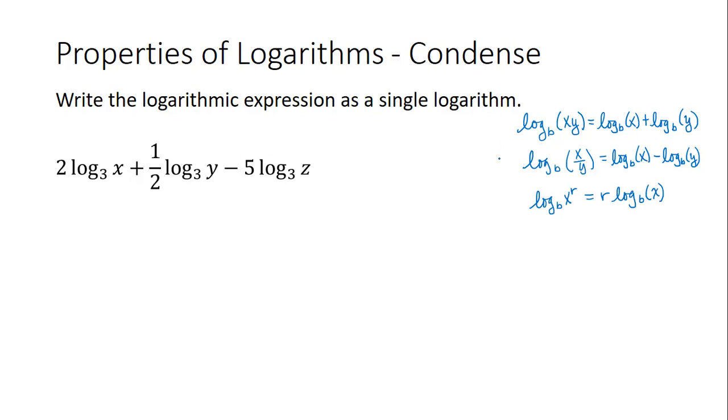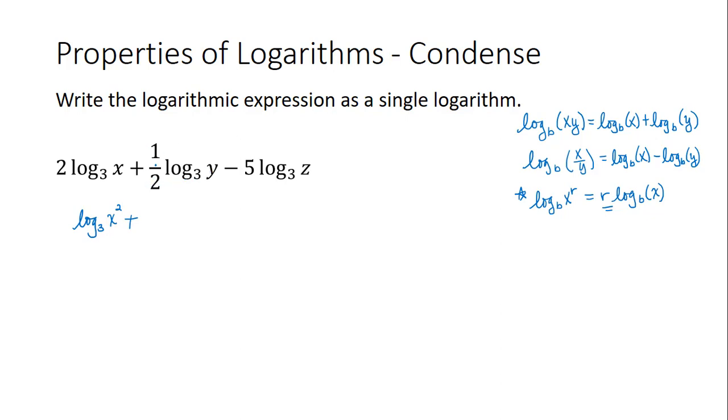That is, we're going to apply the power rule that says any coefficient is really the exponent of the argument. Therefore, 2 times log to the base 3 of x is equivalent to log to the base 3 of x squared plus 1/2 times log to the base 3 of y.